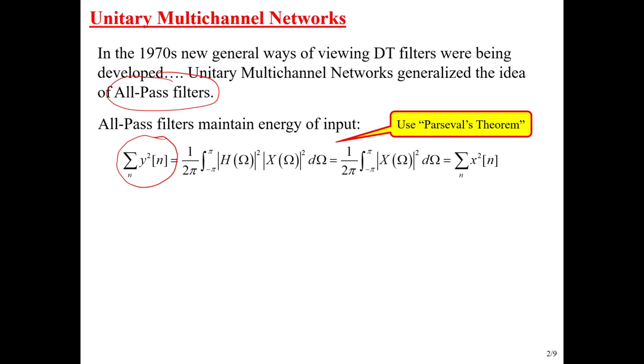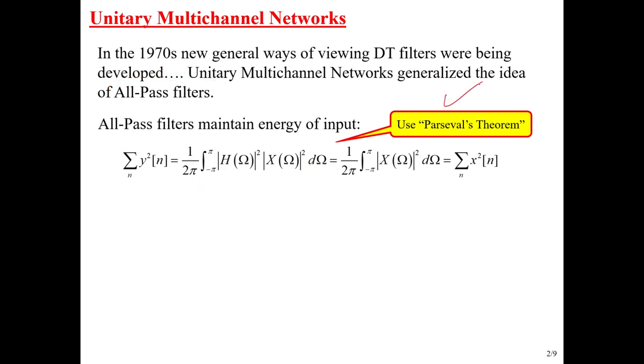And so that would be Parseval's theorem. So this product gives us the magnitude squared of the output signal. So we take the magnitude squared of that in the frequency domain, square it, and integrate from minus pi to pi.